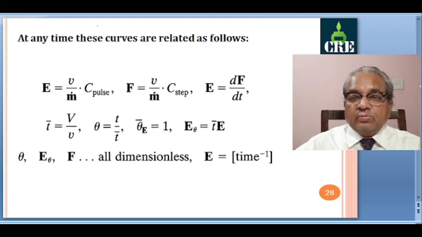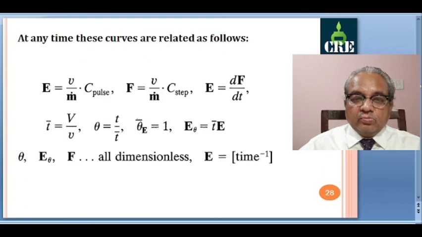At any time, these curves are related as follows. E is equal to V by m dot into C pulse. F is V by m dot into C step. E is dF by dt, that is, you will get the E curve if you differentiate the F curve with respect to t. T bar is V by v. Theta, this dimensionless time, is t by t bar.